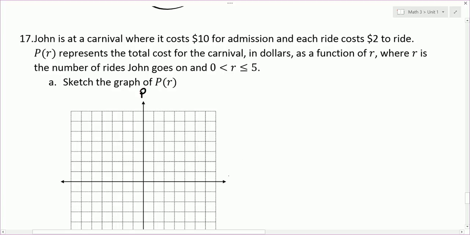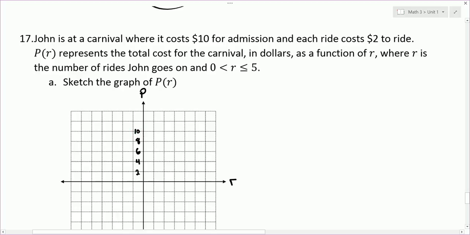Okay, so P is our price, R is how many rides you're going on. At 0 rides, you'd end up paying $10. We need to decide on our scale here. I'm going to go by 2s: 2, 4, 6, 8, 10.